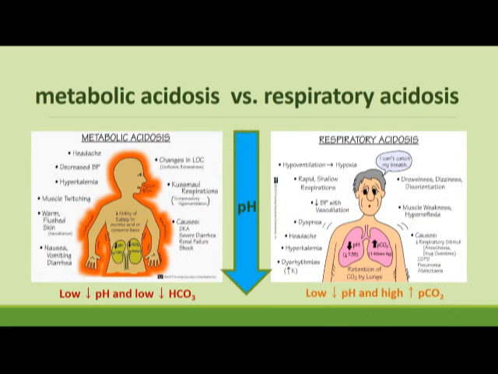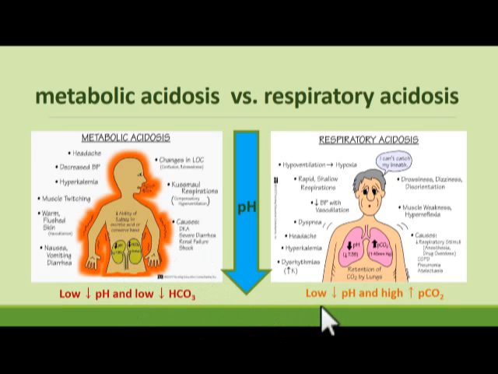In metabolic acidosis and respiratory acidosis, both pH are below the normal range. In metabolic acidosis, pH and HCO3 are in the equal direction in the kidney.